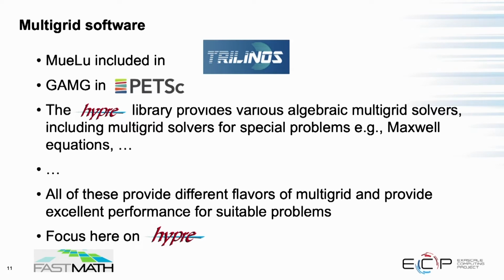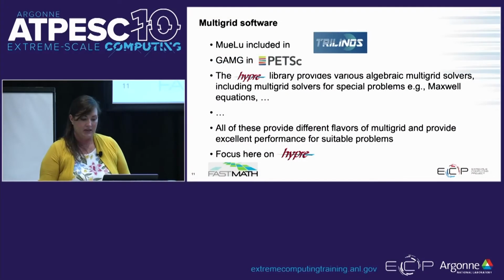And then HYPRE, which is what I'm representing here today, features several different algebraic multigrid solvers, and we also have some specialized solvers for things like Maxwell equations. So all of these options really provide different flavors of multigrid, and depending on your problem, one package might be preferable to the other, but all are high quality, performant implementations.